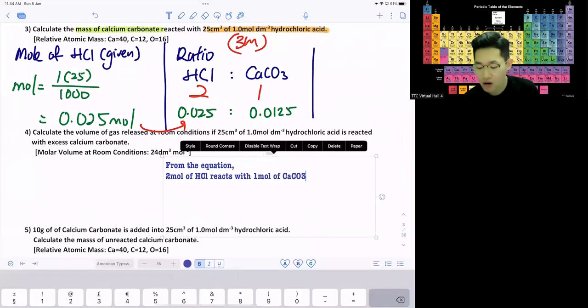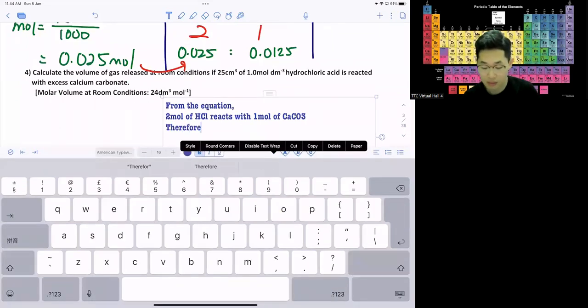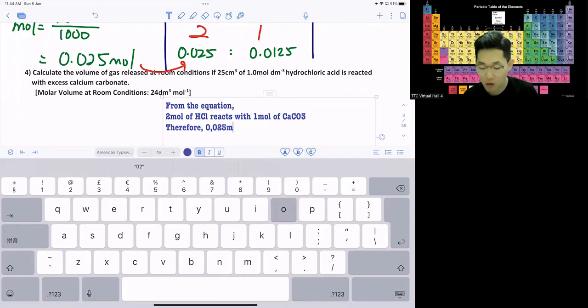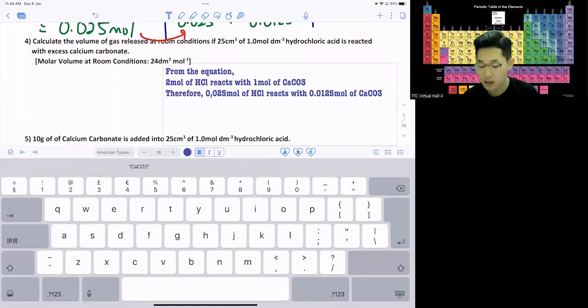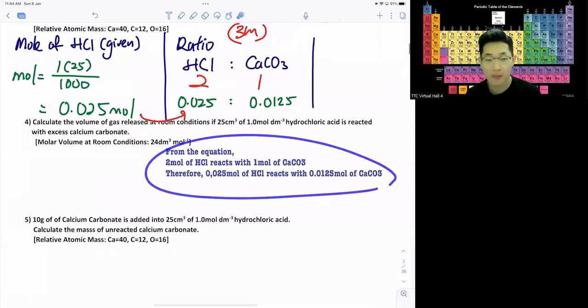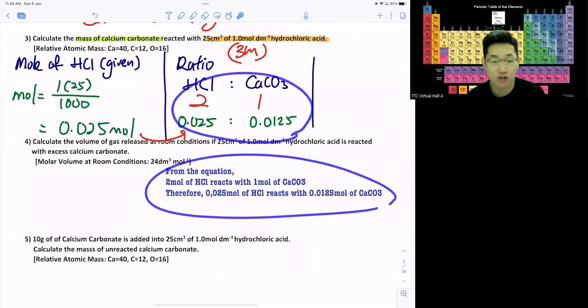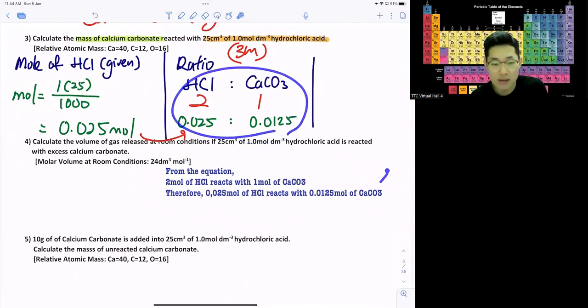So therefore, 0.025 mole of HCl reacts with 0.0125 mole of CaCO3. This is the sentence that can replace this, to replace this.